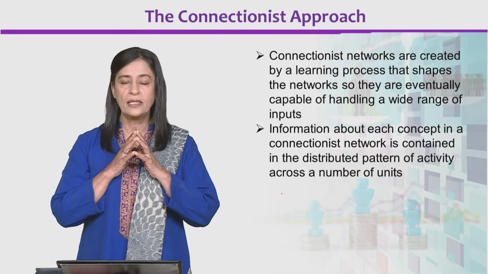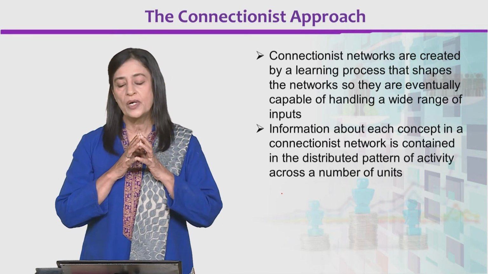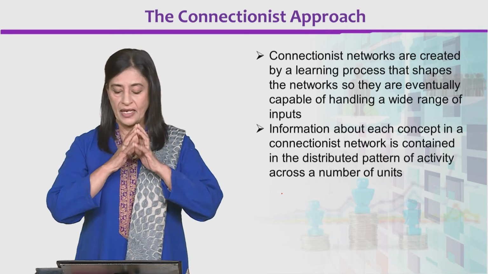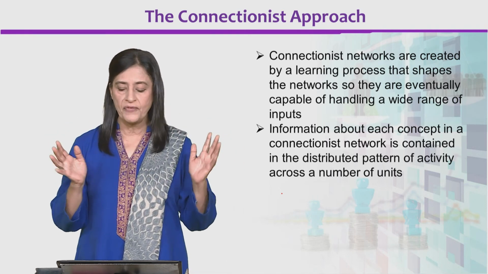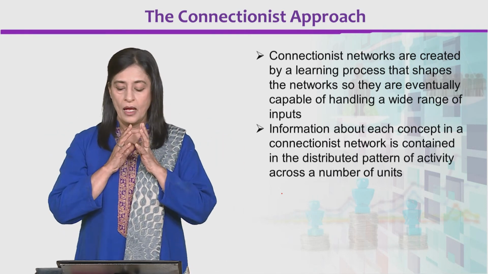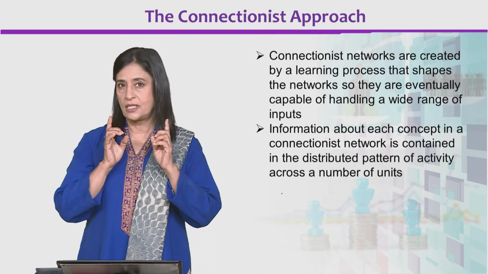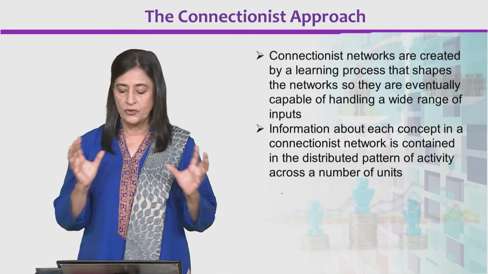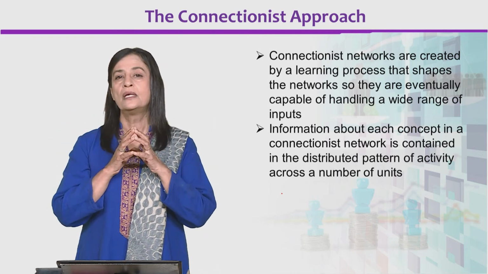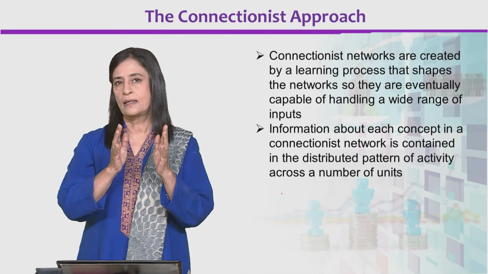Connectionist networks are created by a learning process that shapes the networks so they are eventually capable of handling a wide range of inputs. Information about each concept in a connectionist network is contained in the distributed pattern of activity across a number of units, as we have seen.